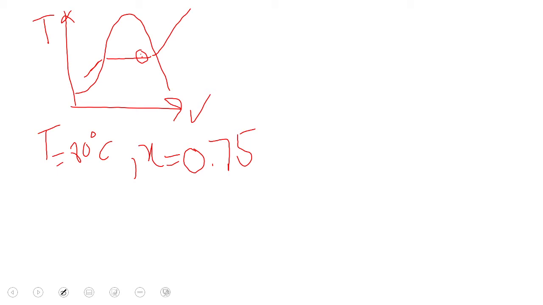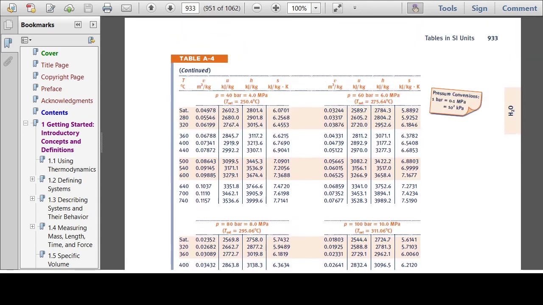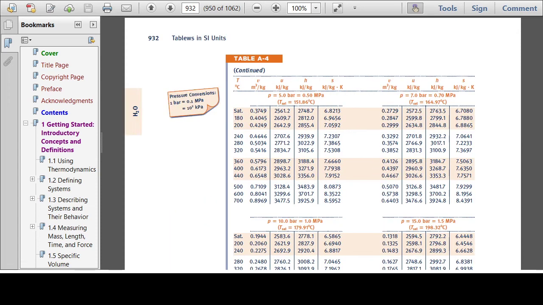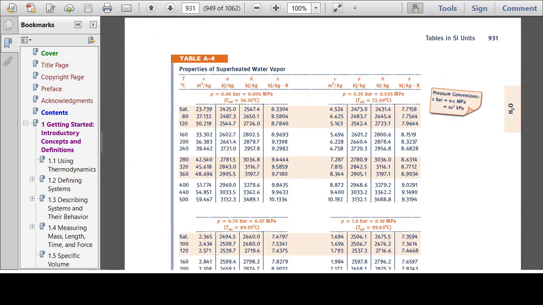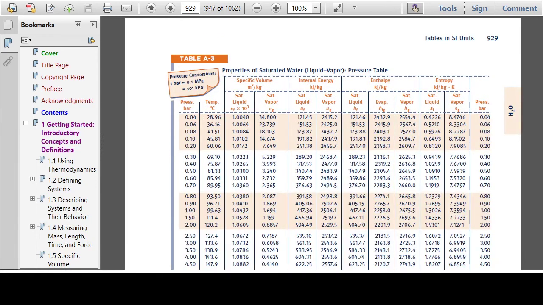So now going back to the tables. This is the superheated table A4. Going back now, table A3, the mixed vapor region. This is a pressure table.